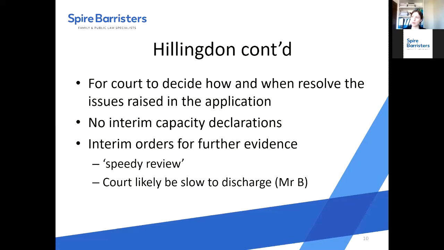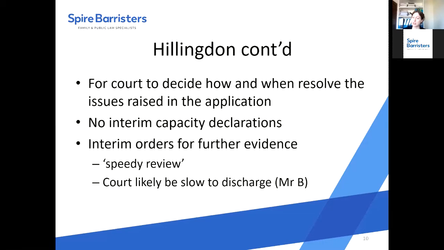The court is, of course, always faced with the dilemma and balancing act of autonomy and protection. But even some very recent cases, some of you may have seen the Open Justice commentary on a recent case referring to Mr. B. There was quite clear evidence, or what appeared to be compelling evidence, that P actually had capacity.